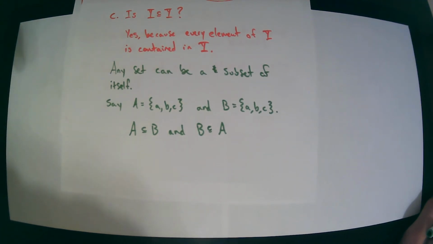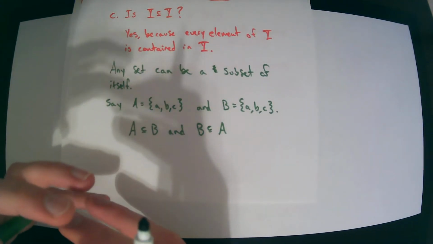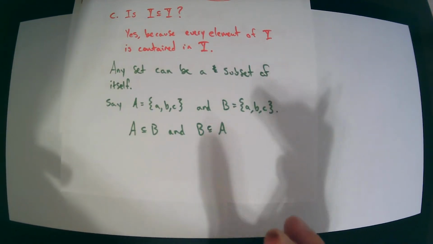So what we want to do now is have a new definition that's a little bit more strict, that says you can only be proper subsets of each other if one is completely contained in the other and not the other way around.